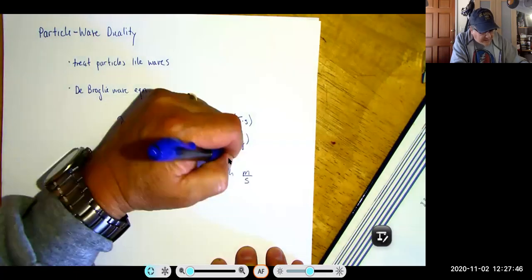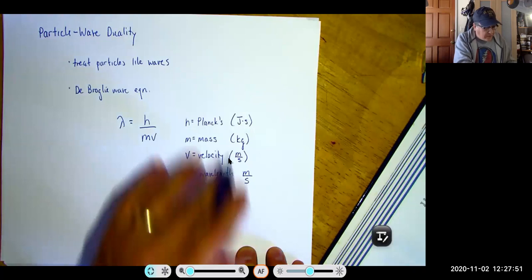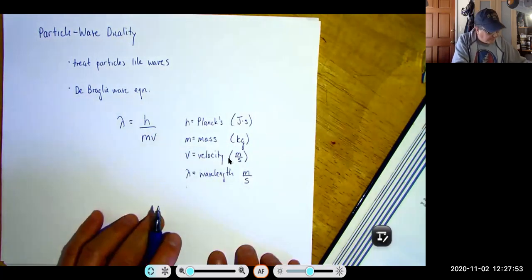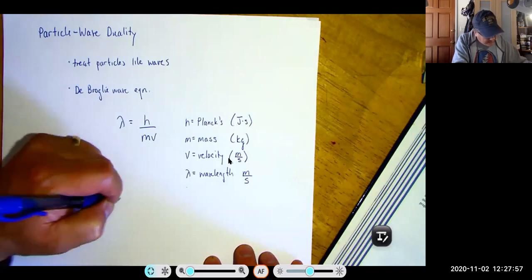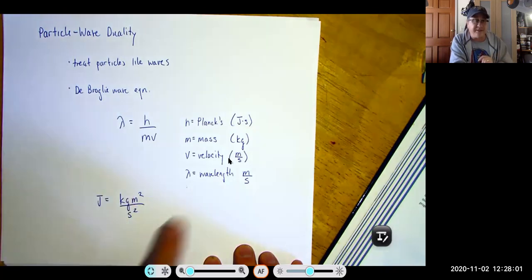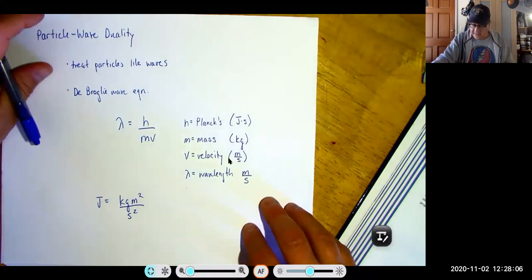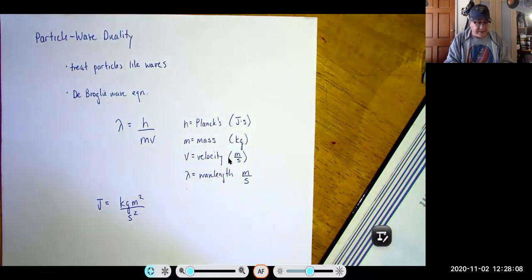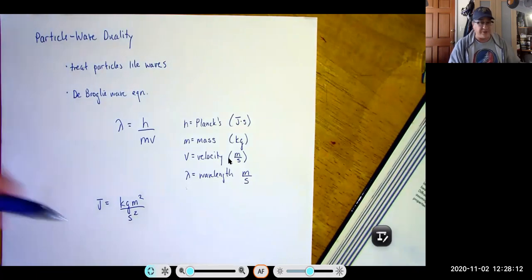And the velocity has to be meters per second. As long as that works out, your wavelength will be in meters. And it's because a joule is actually a kilogram meters squared per second squared. That's what a joule really is. So this is the big deal out of that particular section, is being able to use this equation.